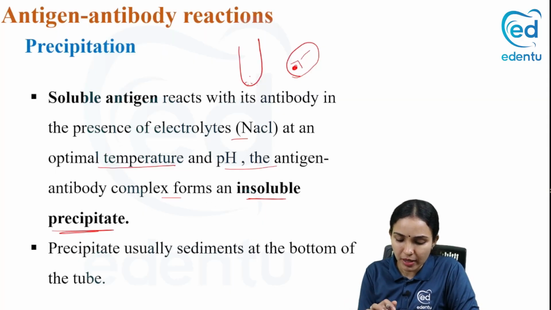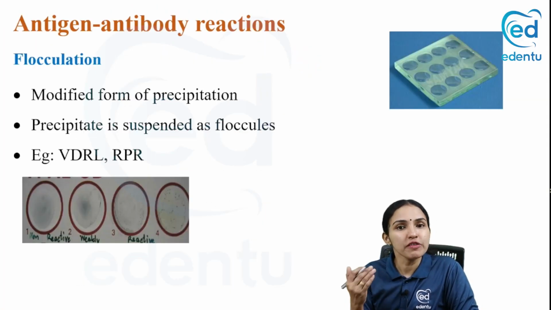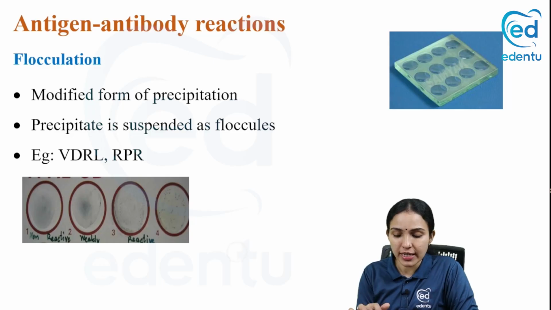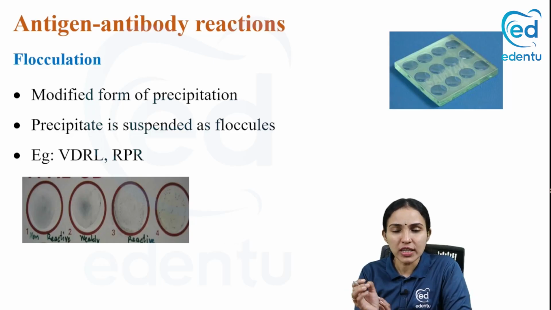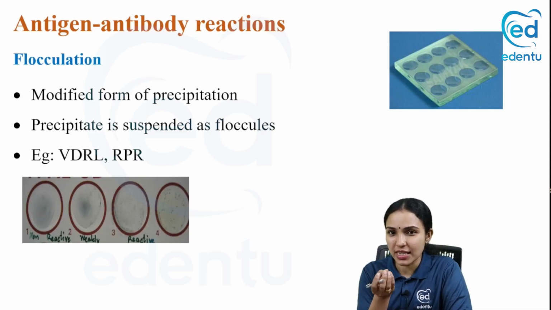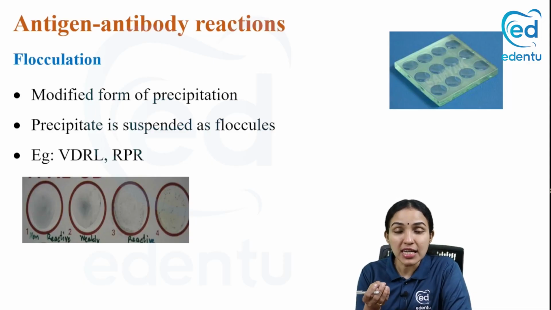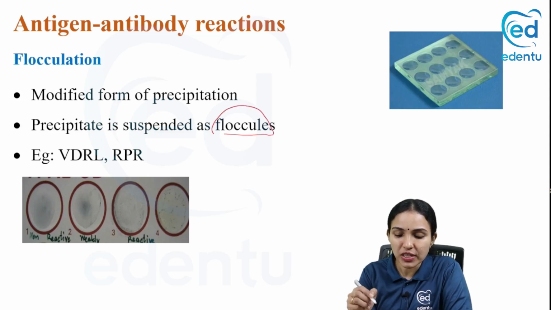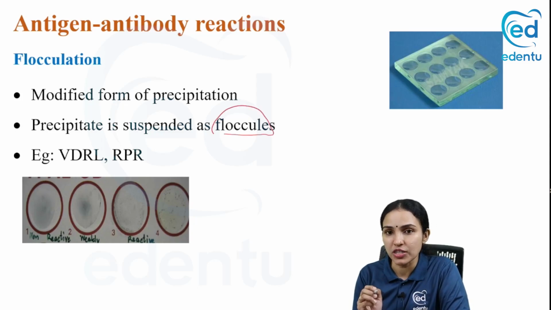That's what normally happens. You have some modified forms of precipitation reaction like flocculation. What flocculation is, instead of getting precipitated, suppose the complex is getting suspended in fluid as floccules. The suspended form of the complex is called floccules. If it gets suspended, you call it a flocculation test. The most important type of precipitation reactions are flocculation.